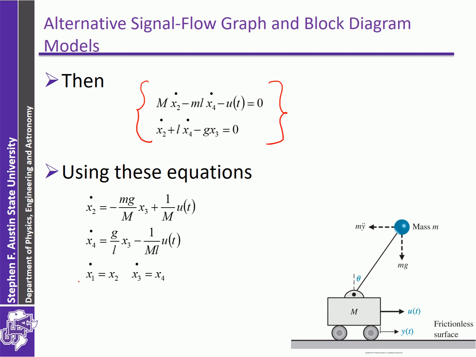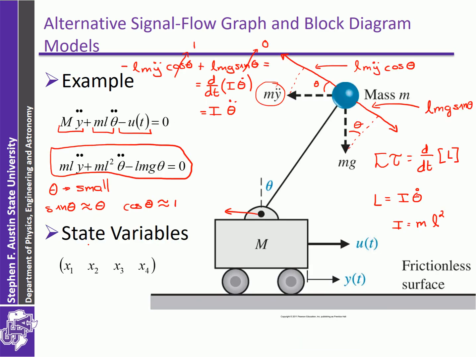So we can see that x1 dot is going to be equal to x2, x3 dot will be equal to x4, and then x2 dot will be equal to this expression, and x4 dot will be equal to this expression. So mainly what we did is we defined, let me look carefully, I don't want to mess up my notes.